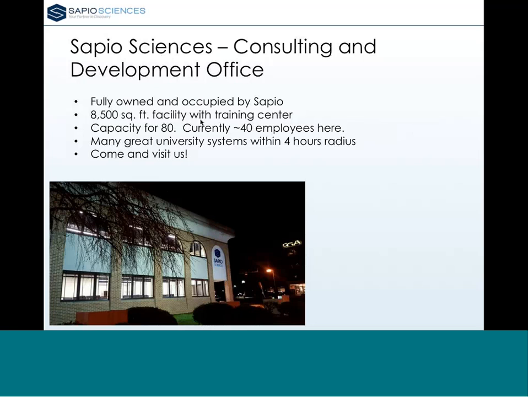This has been a really good location for us. We recruit heavily into our consulting and development staff, and the university systems around here are quite good. For example, we're going to Carnegie Mellon next week to interview a bunch of people there. We've got Philadelphia with Ivy League Penn, where we have employees from, and even Penn State has a great computer science program.